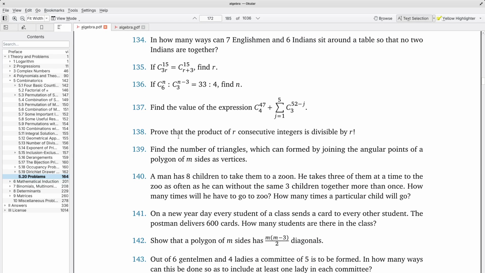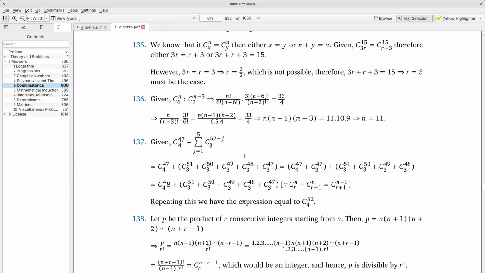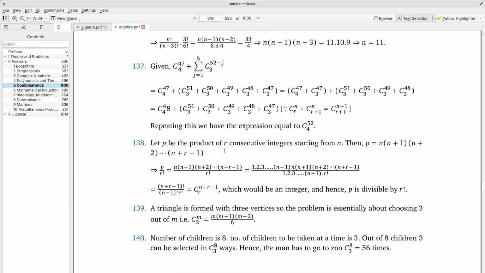Question 138 says, prove that the product of r consecutive integers is divisible by r factorial. So we take r consecutive integers as n into n plus 1 into n plus 2 up to n plus r minus 1. So now we take this product as P, and P by r factorial is equal to n multiplied by n plus 1 multiplied by n plus 2 up to n plus r minus 1, by r factorial.